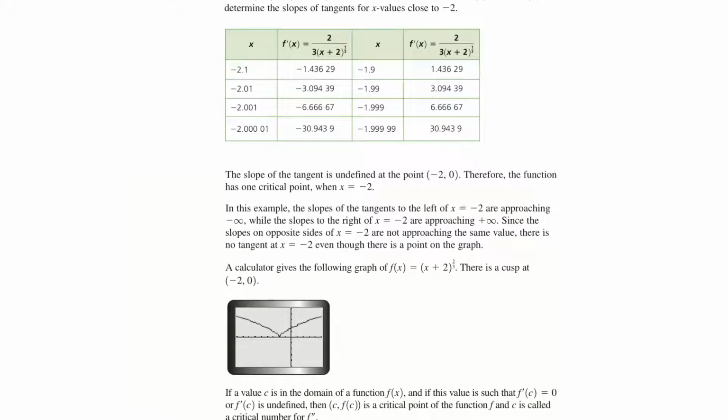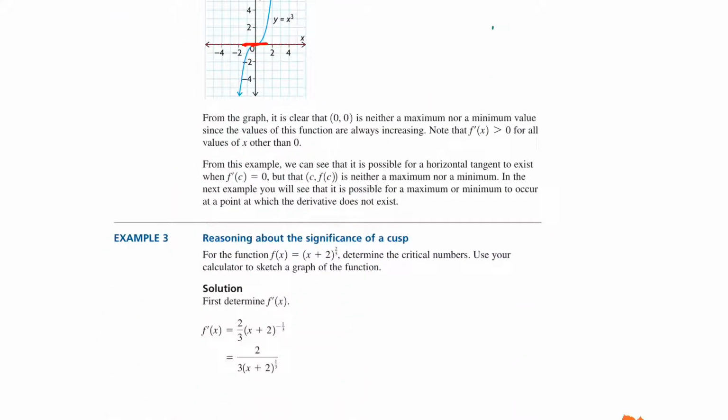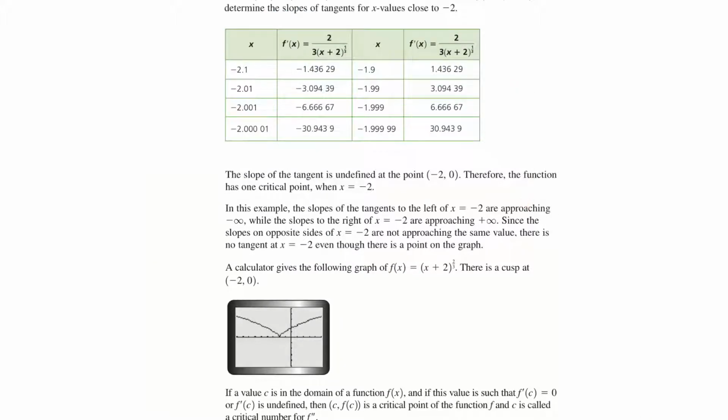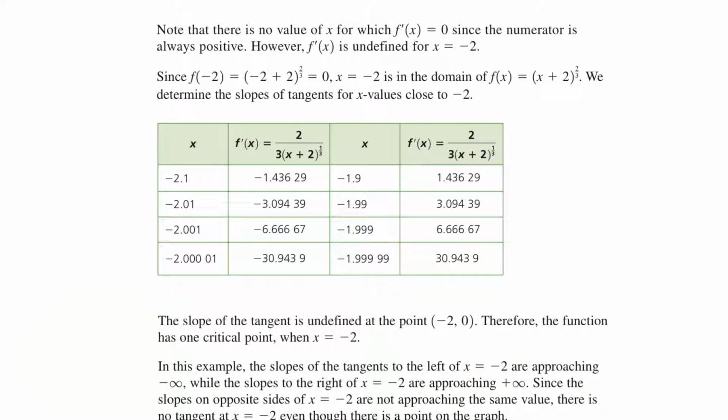If we consider the function f of x equals the cube root of (x plus 2) to the power of 2, the derivative of the function is 2 over 3 times (x plus 2) to the power of 1 over 3.